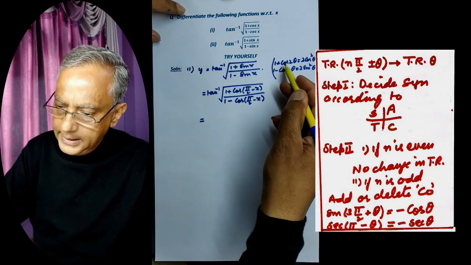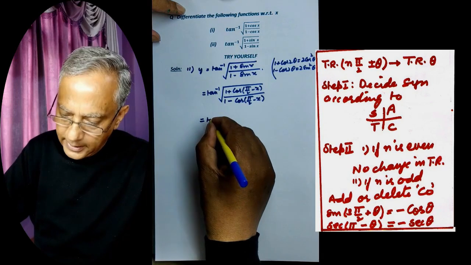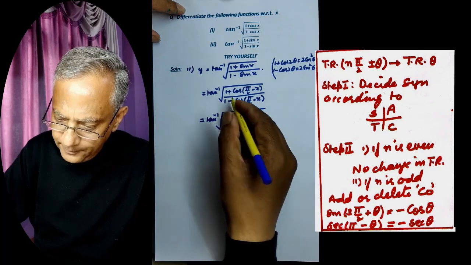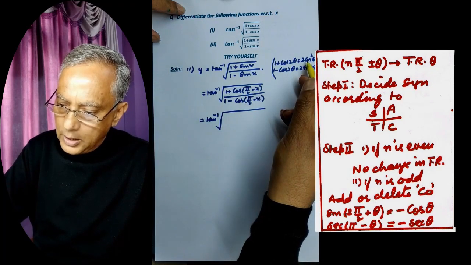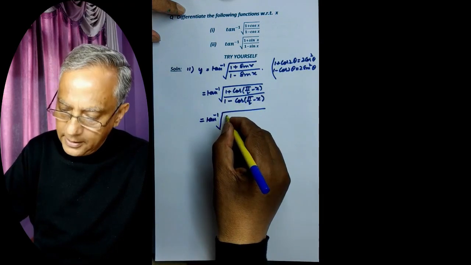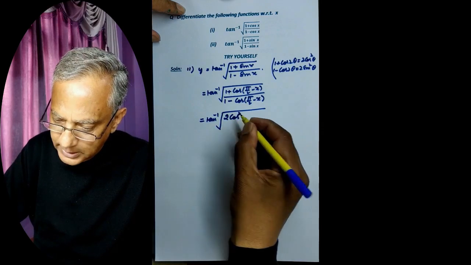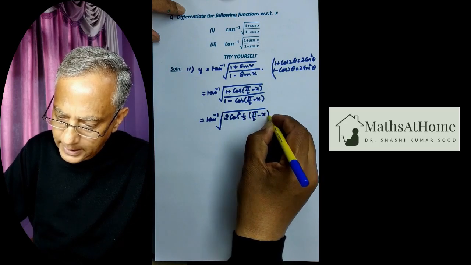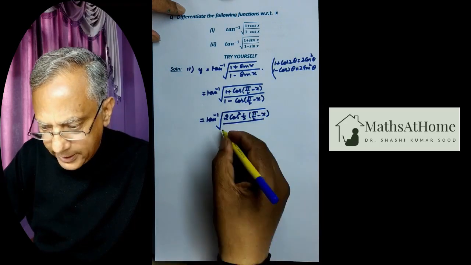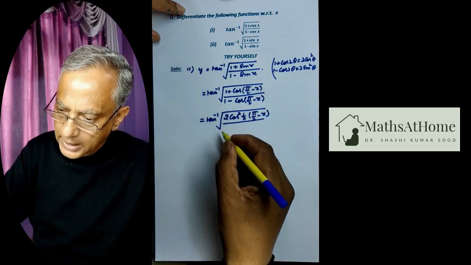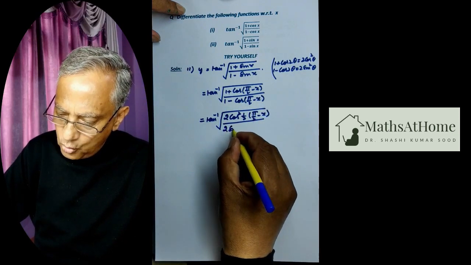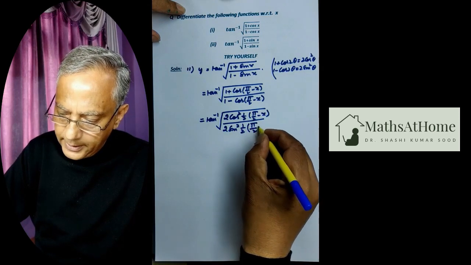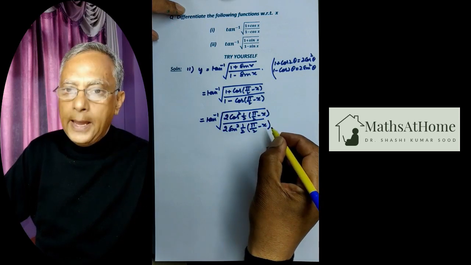And now we can apply these two formulae and write this as tan inverse under the root 1 plus cos. 1 plus cos is 2 cos square theta. So this will be 2 cos square half of pi by 2 minus x whole divided by 2 sine square theta. So this will be 2 sine square 1 by 2 into pi by 2 minus x.